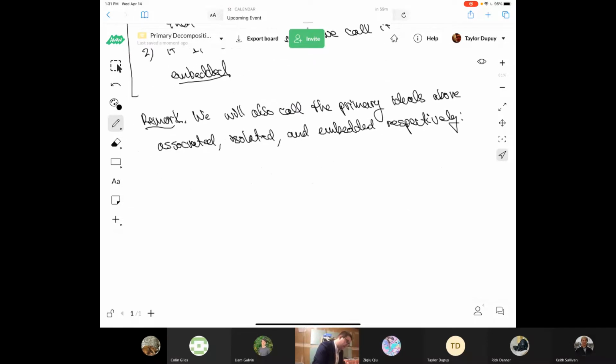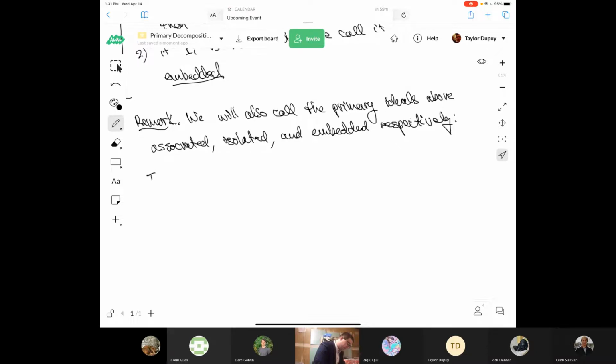So meaning that if the radical of Q is equal to P, and P is isolated, or let's say associated.